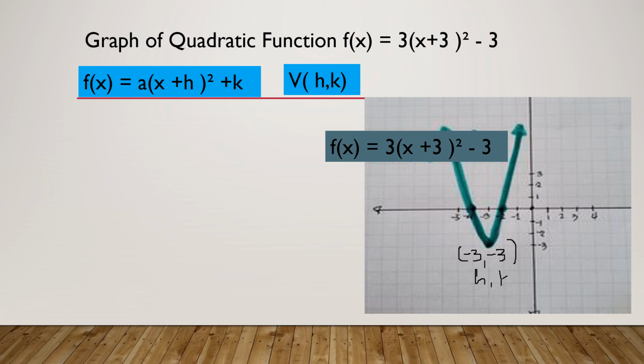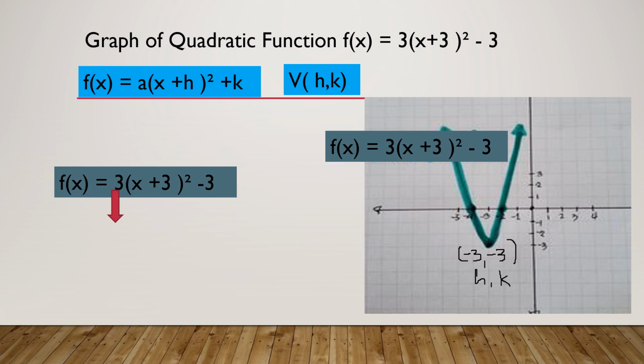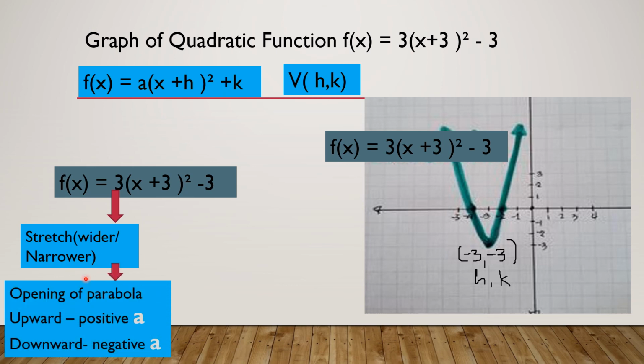Now, let's summarize this one. So that 3 tells us about the stretch, or the value of a, about the stretch of the graph. It's either wider or narrower. And at the same time, about the opening of the parabola. It is upward if a is positive, downward if a is negative.